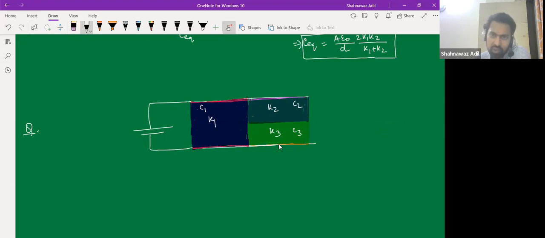Yes, sir. Right, so this part, let's say this is some K4. So this whole part is connected in parallel with this. This is negative, so this would be negative, this is positive.